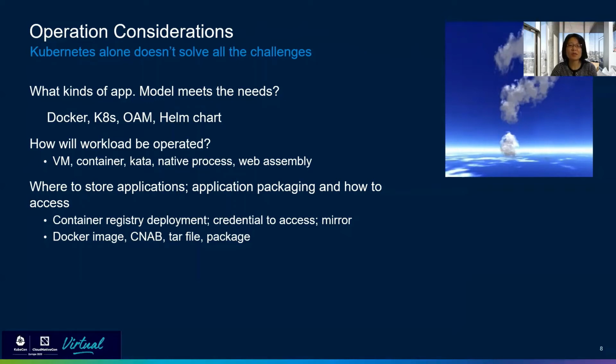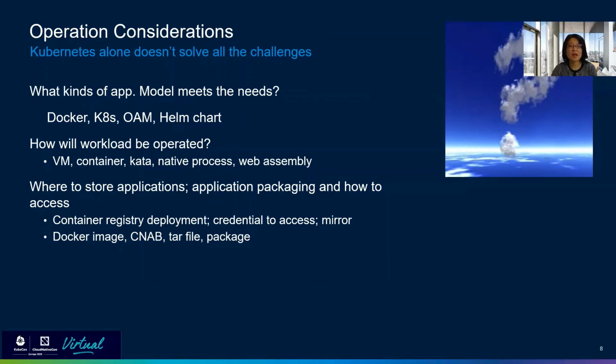The operating system may not support container. In that case, you might have to use host process. Some workload needs to enable higher level security isolation. In that case, you probably want to use virtual machine or Kata container. WebAssembly is a new way for process isolation. It has drawn a lot of attention in the industry.